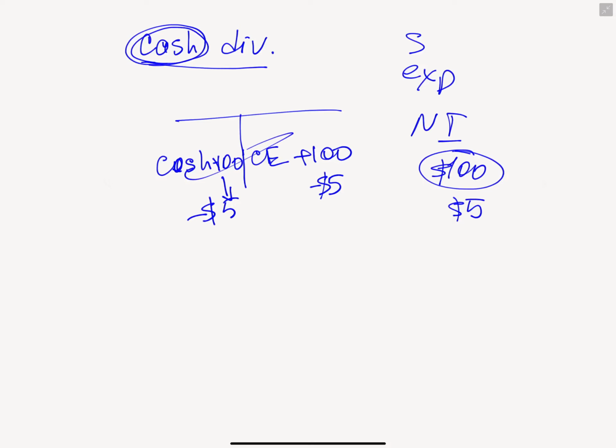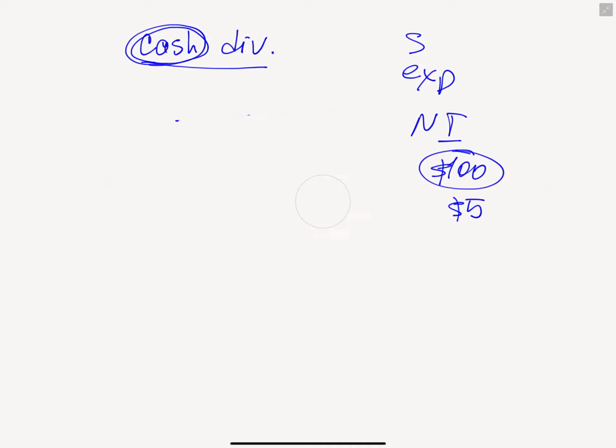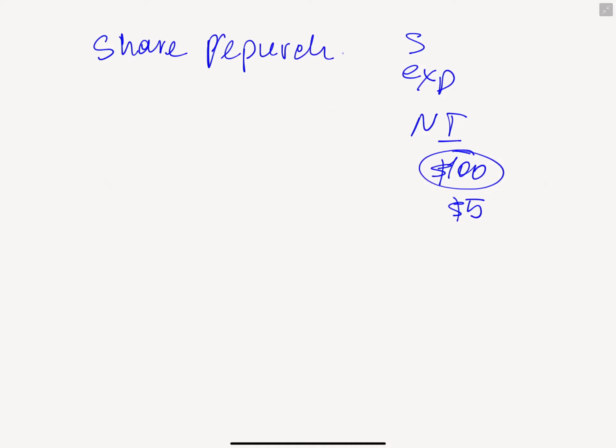But what about the share repurchase? Cash is increased by $100, and your common equity, for example, is plus $100.